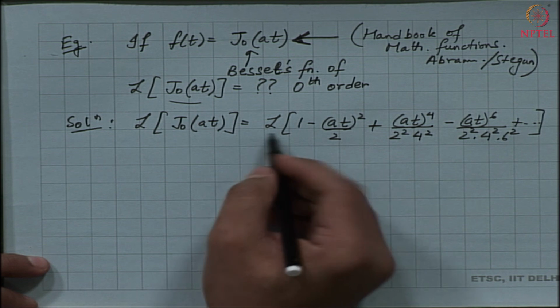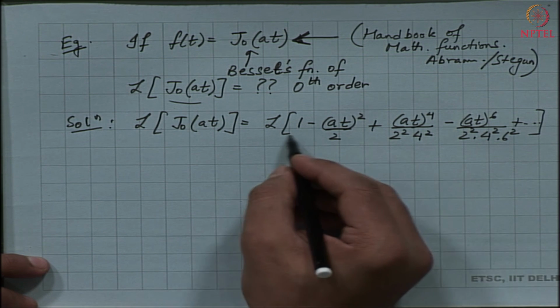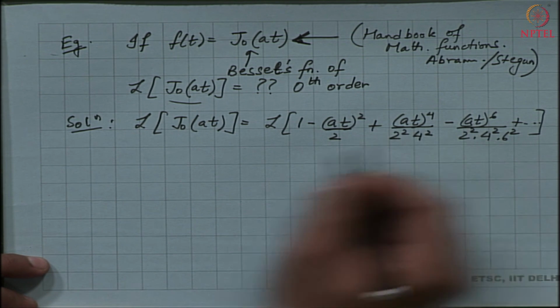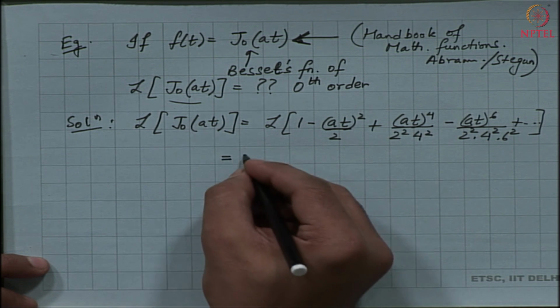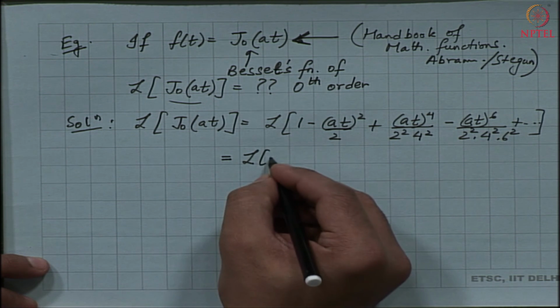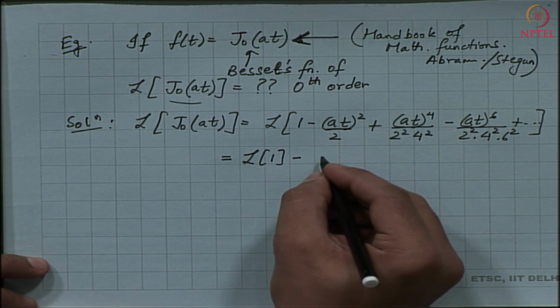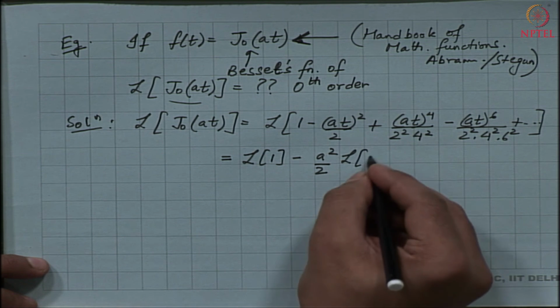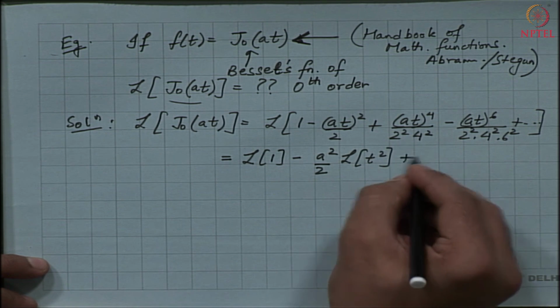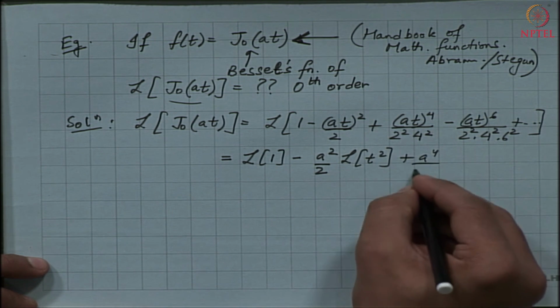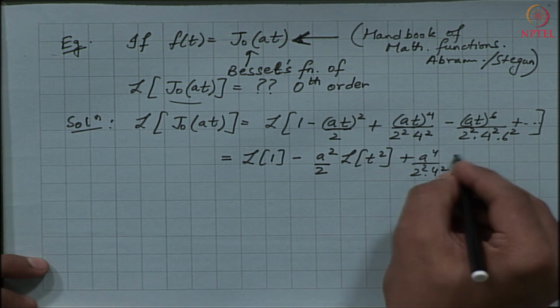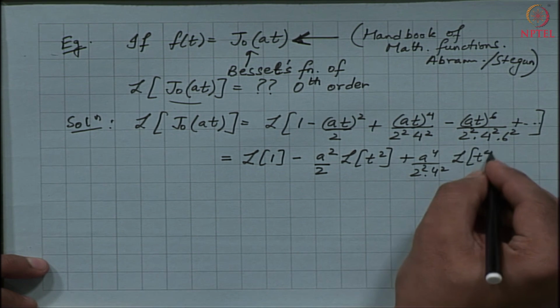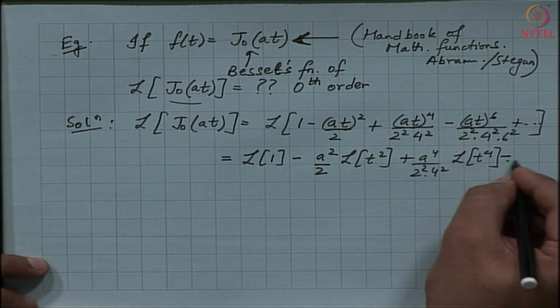Now, which means that if I were to evaluate the Laplace transform, I can evaluate it term by term. So, I am going to get Laplace transform of 1 minus a square by 2 square Laplace transform of t square plus a to the power 4 by 2 square times 4 square Laplace transform of t to the power 4 and minus so on.